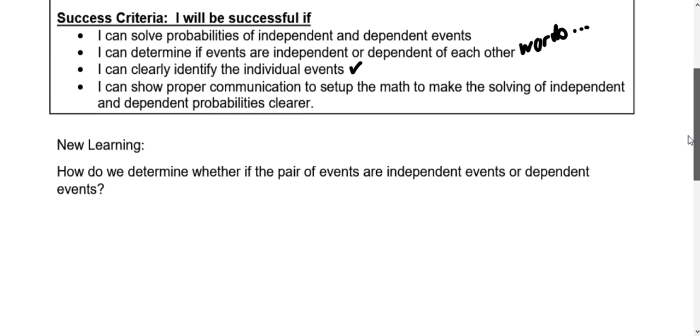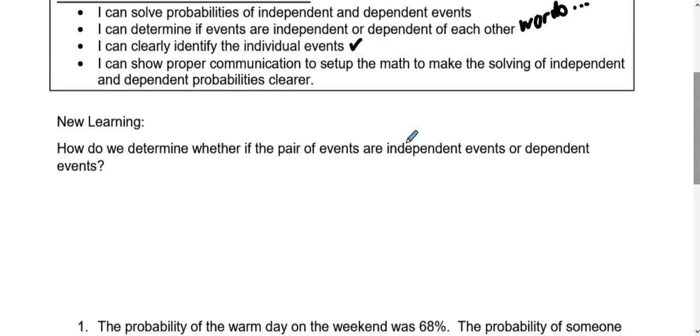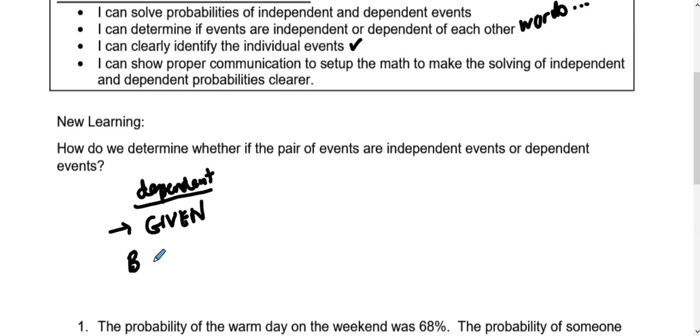So how do we determine whether the pair of events are independent or dependent? Well, for dependent, you're looking for the word given. In the statement, the word given is going to clearly say that B given A is important.